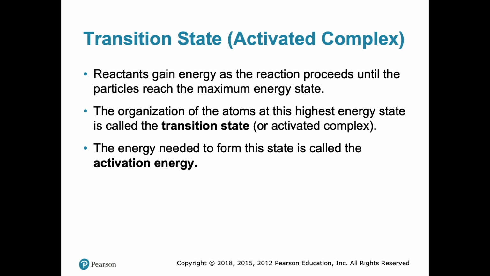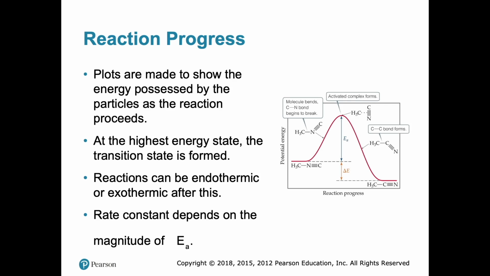So here's what it all looks like when we take it off of the golf course and actually use some chemistry graph, because we use a lot of graphs in chemistry, I know. So here is a plot called the reaction progress plot. On the left-hand side, on the y-axis, we have the potential energy.